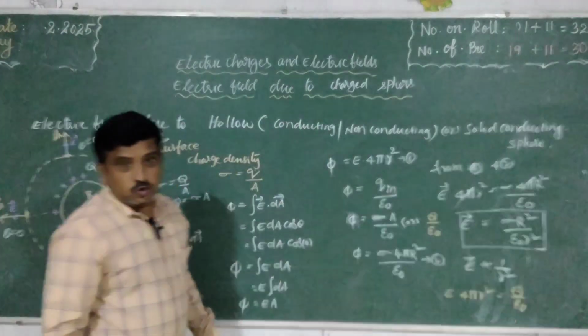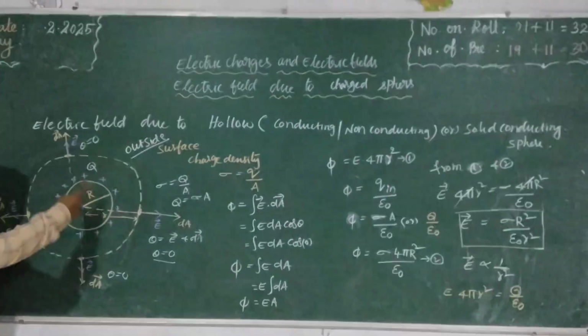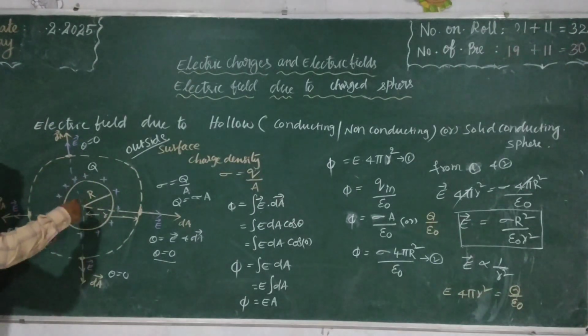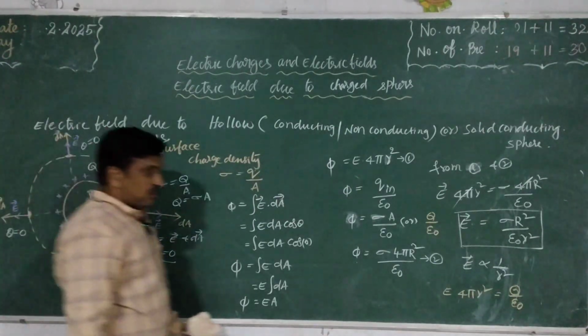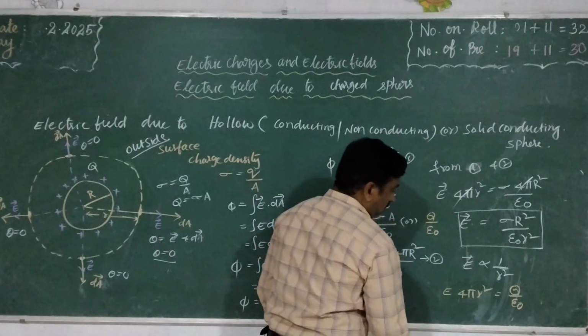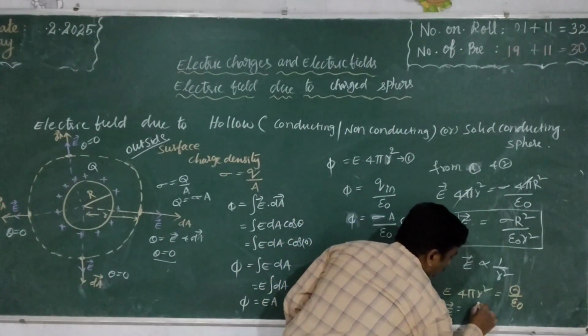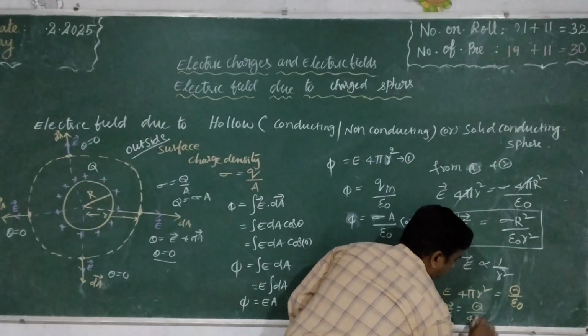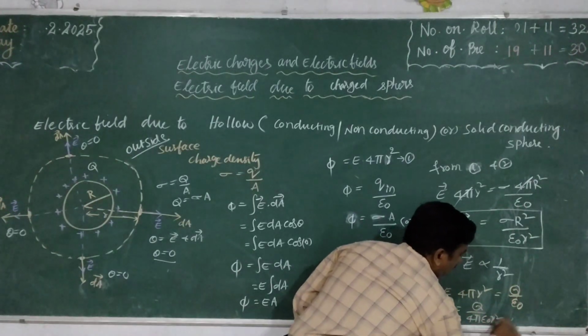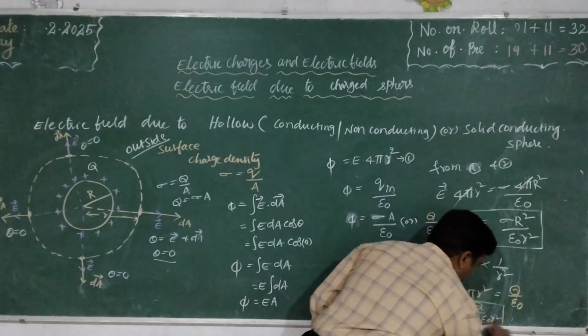Q means the total charge that resides on the surface of the solid conducting or hollow conducting or non-conducting sphere. From that, E equal to Q by 4 pi epsilon naught r square. So this is another expression we are getting.